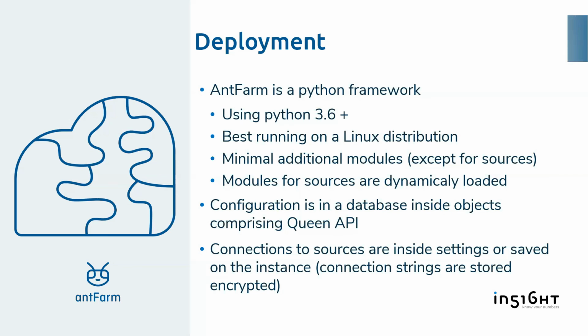After we set up antFarm on the instance, we also need to prepare a Queen API that Micha already mentioned before. That is set up by creating a couple of objects on the database. After the Queen API is set up, all we need to do is connect to the sources, the database, and the destination.